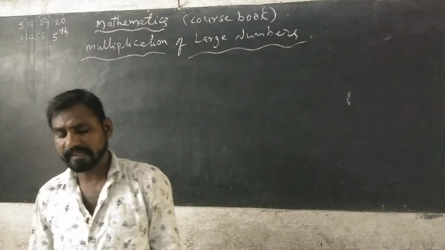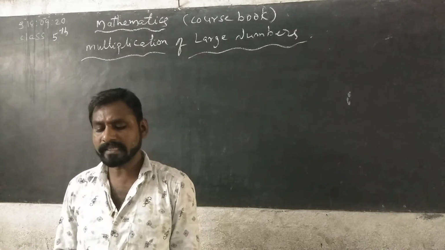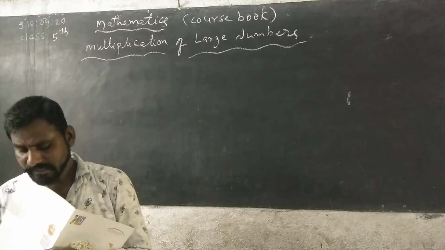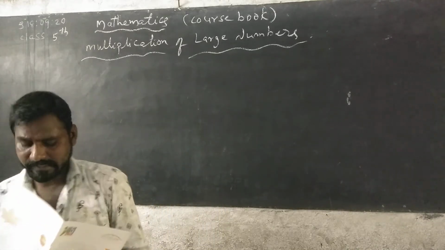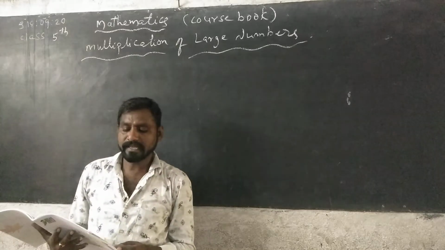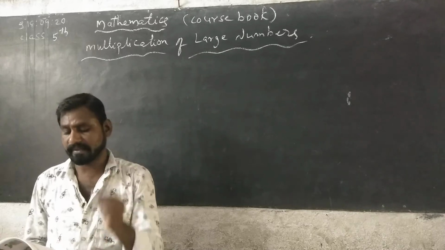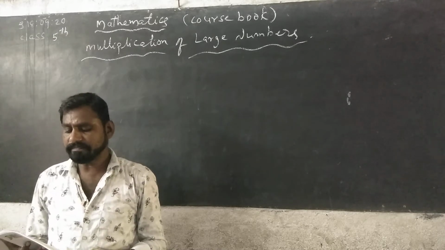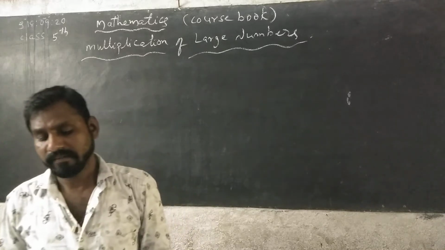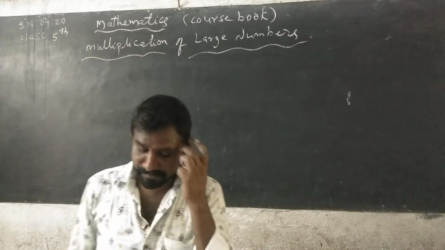See here. A restaurant buys 900 kilograms of rice every month. The cost of the rice per 1 kg is 40 rupees. What is the cost of 900 kg rice? See, very simple.